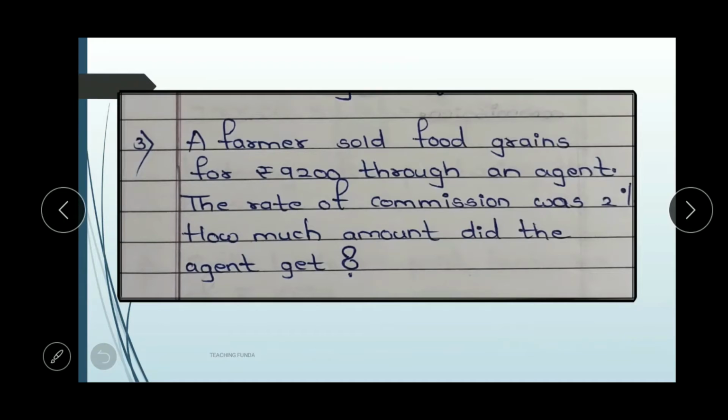Third, a farmer sold food grains for rupees 9,200 through an agent. The rate of commission was 2%. How much amount did the agent get? So that means commission is being asked. A farmer has sold food grains worth rupees 9,200 through an agent.